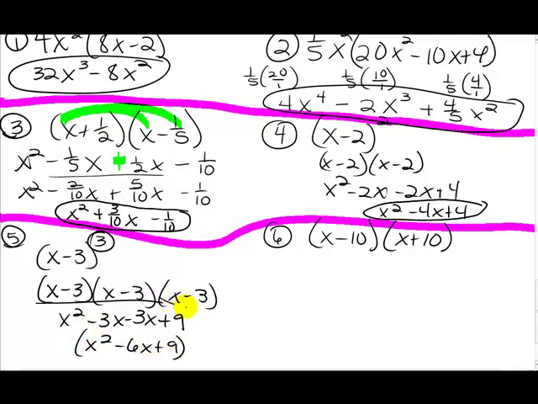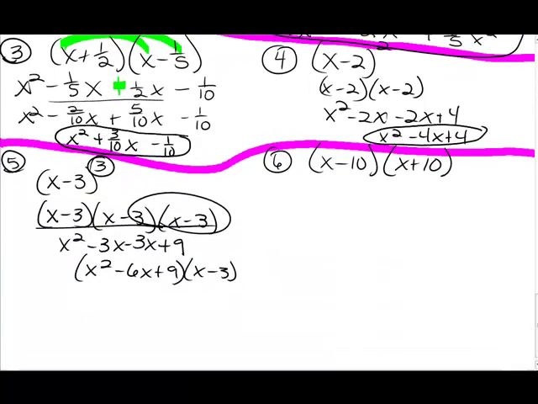Then I'm going to take and multiply it by that. And then I'm just going to move back and forth. So it's going to be x times the x squared minus 6x times x plus 9 times x minus 3x squared.